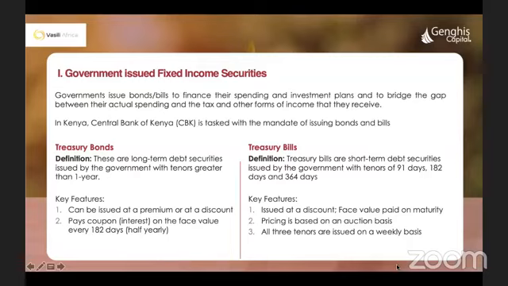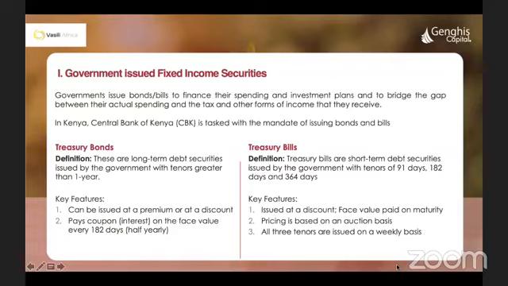On the other end, treasury bills are any fixed income instrument issued by the government with maturity of less than 1 year, 1 year and below. That's a treasury bill. Examples in Kenya: 91-day, 182-day, 364-day treasury bills. Those are examples of bills that are issued by the government. So that's the main distinction.